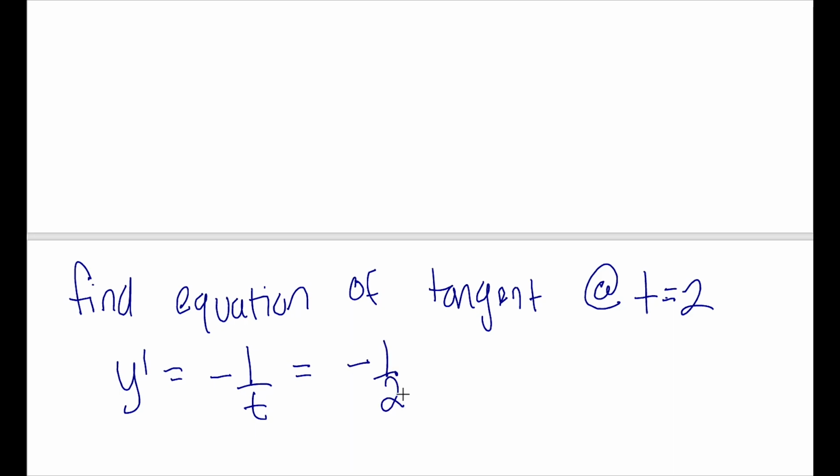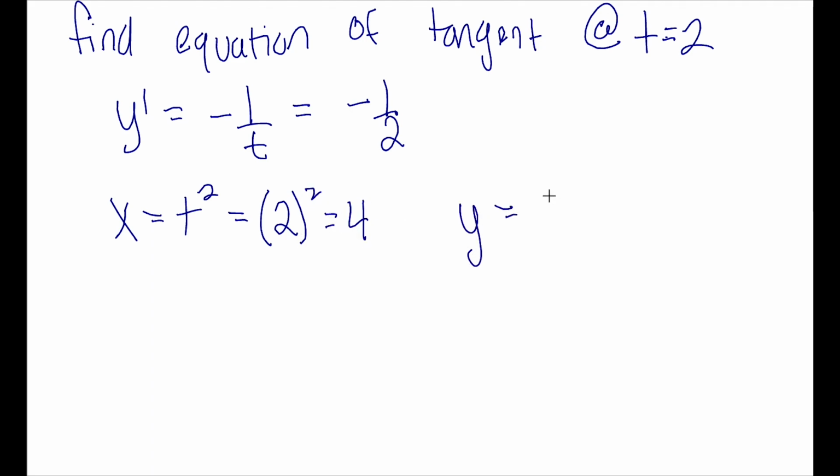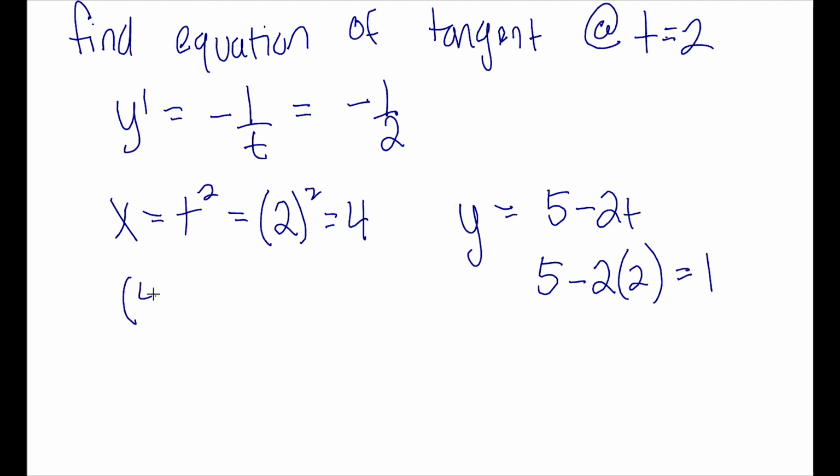In order to find what the x and y coordinates are, we're going to plug t back into both of our original expressions. So x was t squared, or 2 squared, so x equals 4. Y is 5 minus 2t, so we have 5 minus 2 times 2, 5 minus 4 gives you 1. So the slope is negative 1/2, and it goes through the point 4, 1.